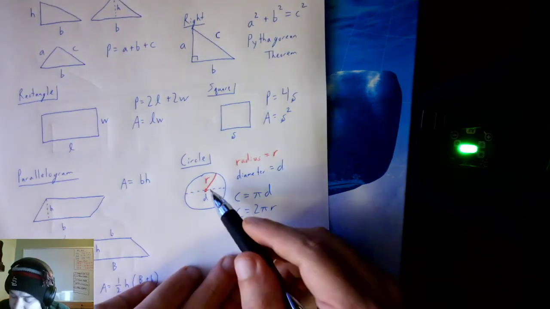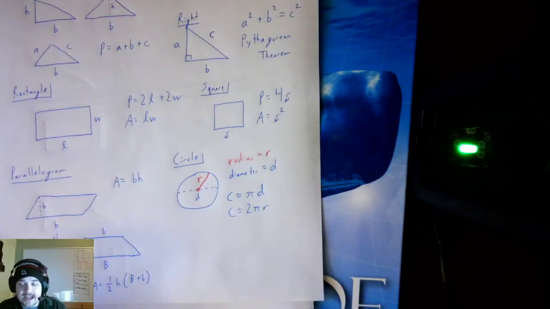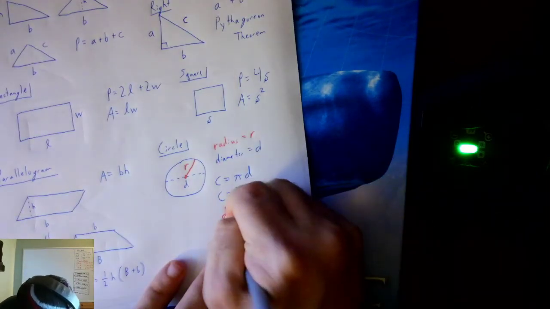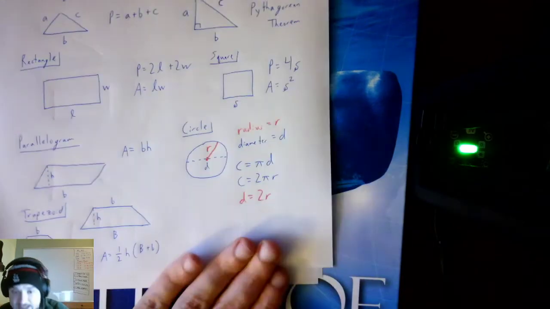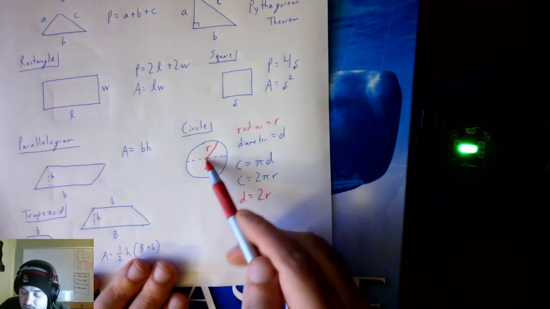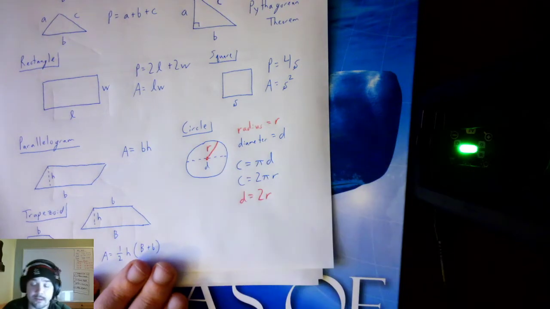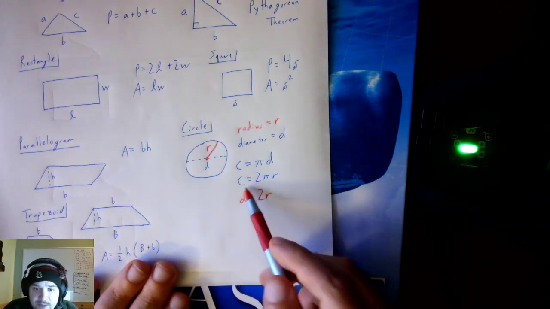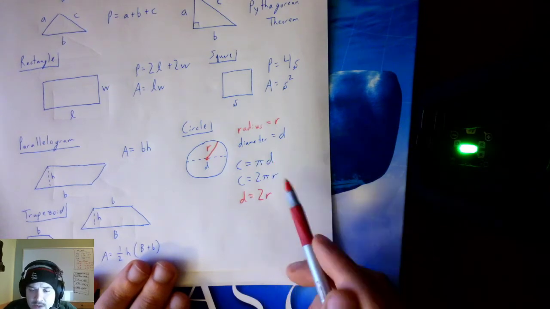And this is because the radius relates to the diameter. I know that the diameter is always double the radius, right? If the radius is from the center to the outside, the diameter is always double the radius. So I've got two formulas for circumference, depending on whether I have the diameter or the radius.